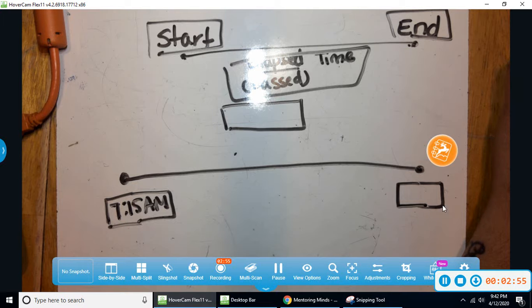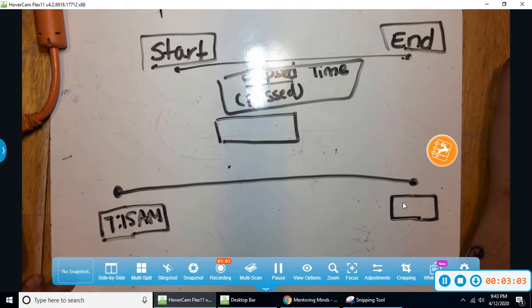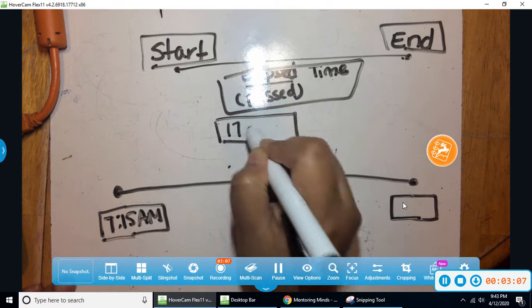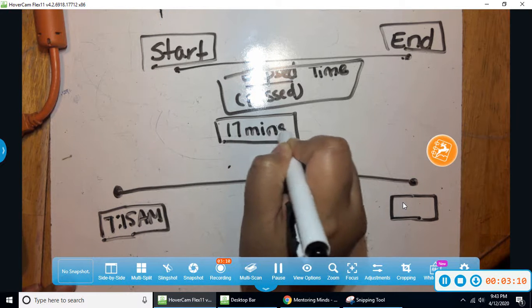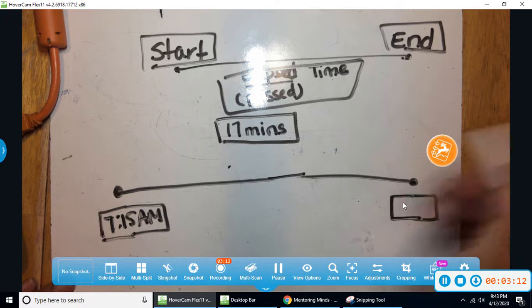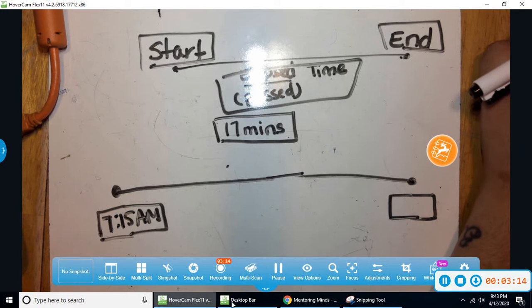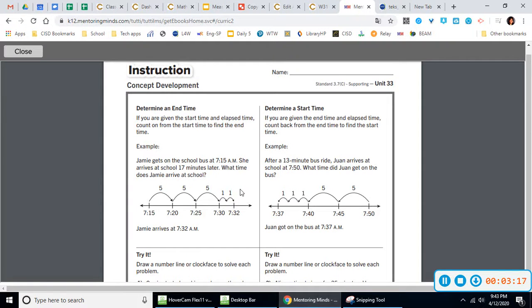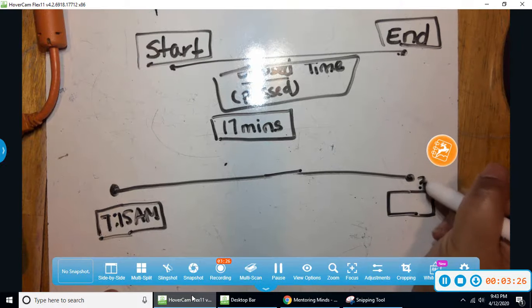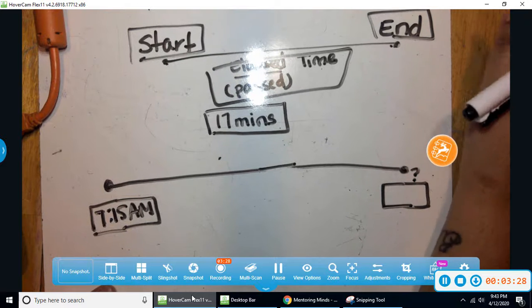No. Because it's not an actual time, an hour with the minutes, I can determine that the 17 minutes later is going to be my elapsed time. 17 minutes, the time that has passed by. So go back to my problem. What time does Jamie arrive at school? That means that our missing component is our end time. That is what we want to know.